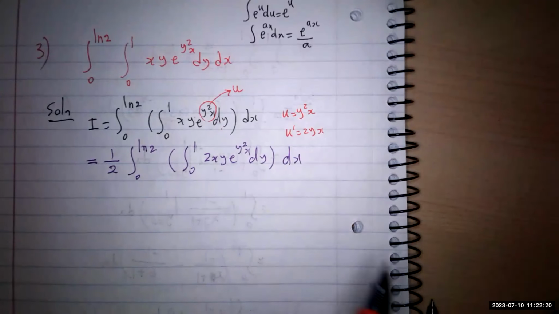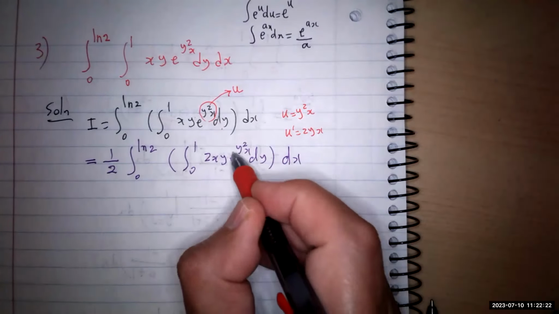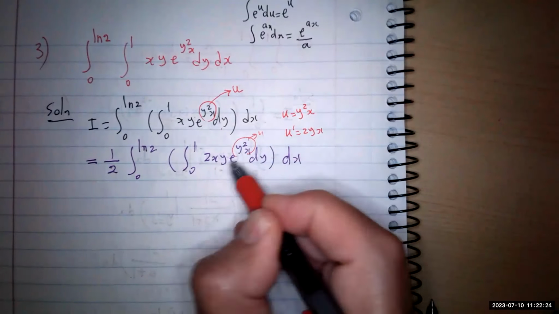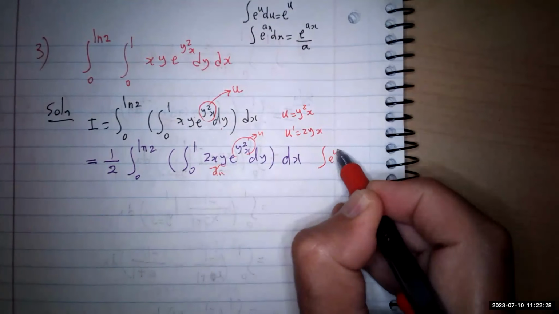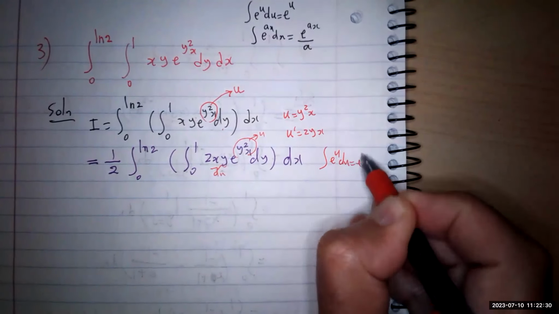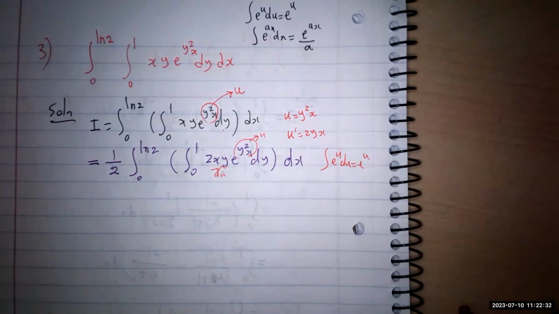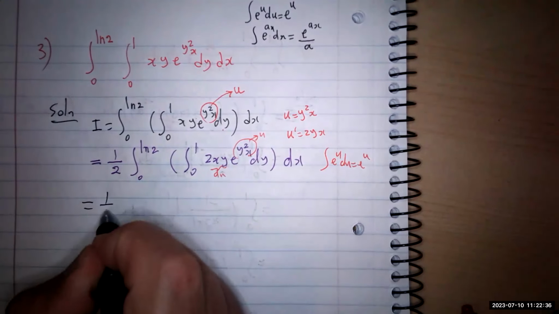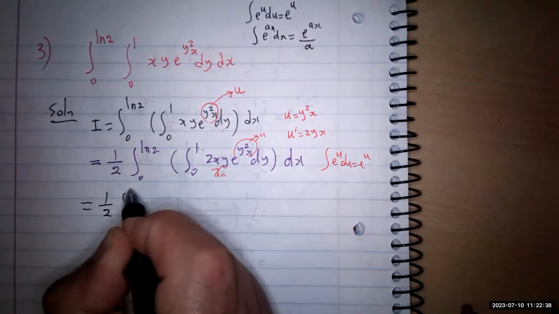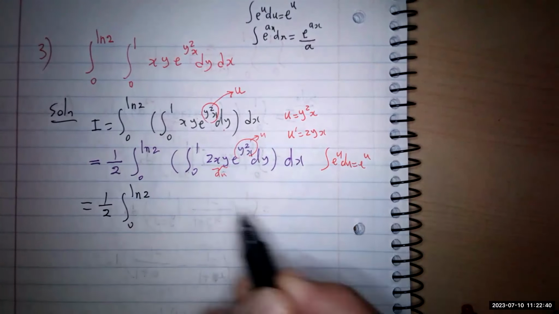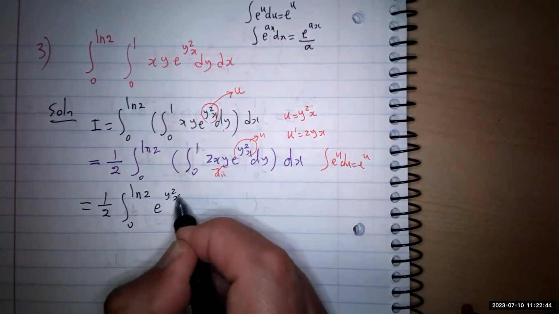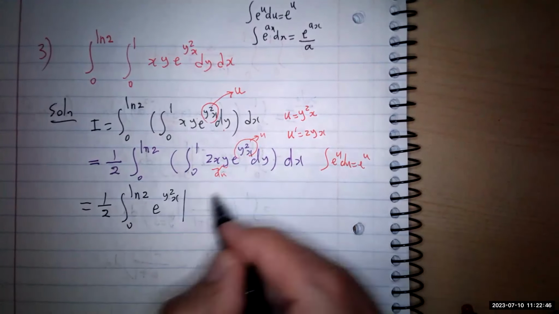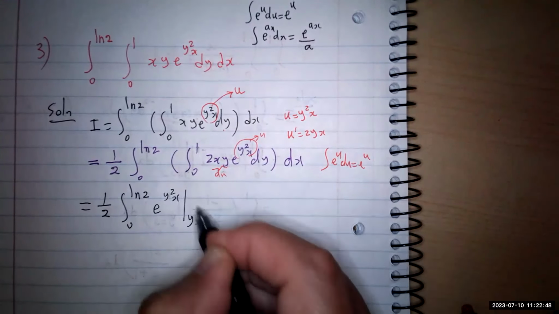Now we are ready. We change this one into u, and you have your du if you like. So you integrate e to the u du, which is e to the u. This is going to be equal to 1/2 integral from 0 to ln2 of e to the u, which is e to the y squared x, with y going from 0 to 1.